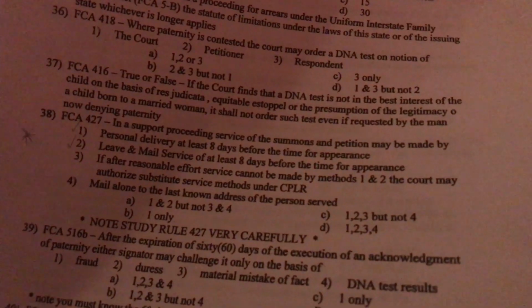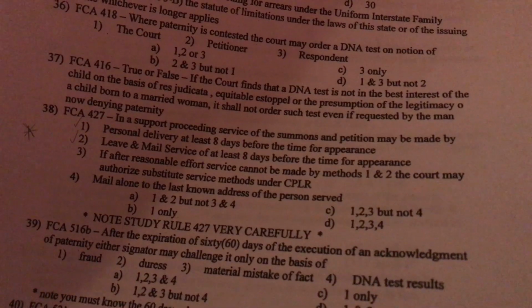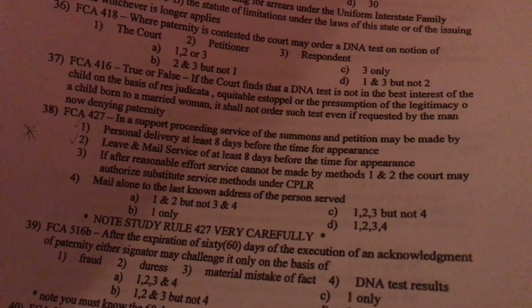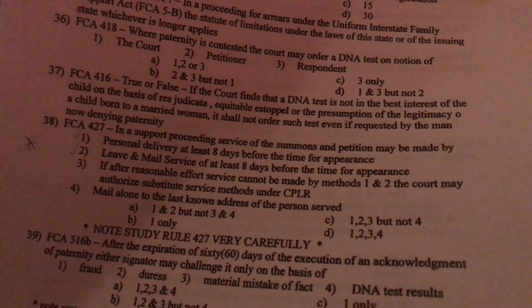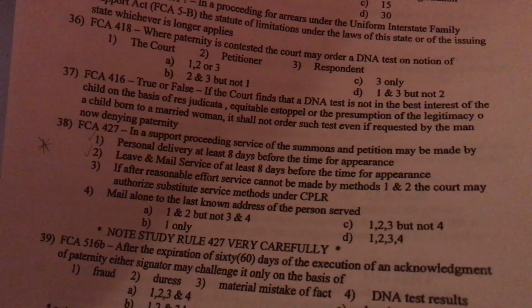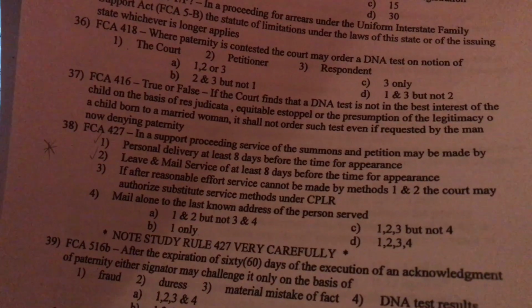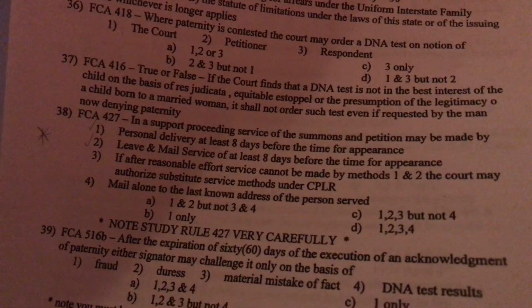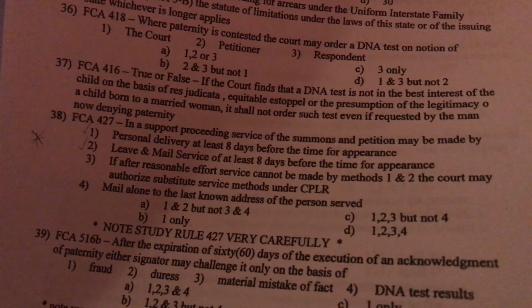Basically, the issue with the way this question is worded is that in the CPLR, substituted service is not actually defined. So personal service includes suitable age and discretion. That is a form of personal service.